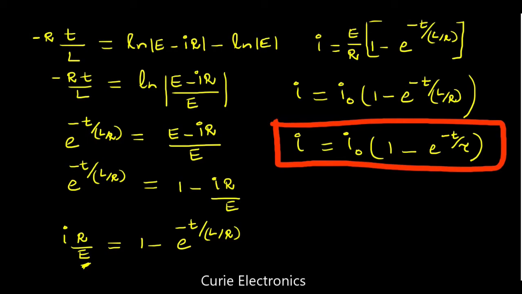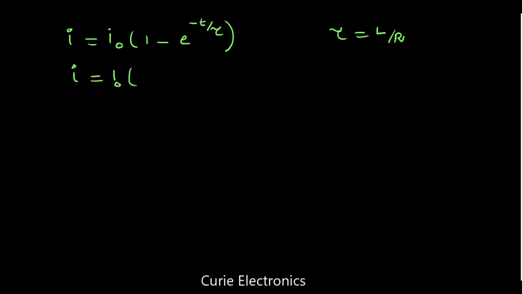Now let's try to find the value at one time constant of this circuit. So what is the equation we got finally? I equals I naught multiplied by 1 minus e to the power minus t upon tau. Now if you take one time period, tau equals L upon R for an inductor circuit. We will take t equal to 1 tau.